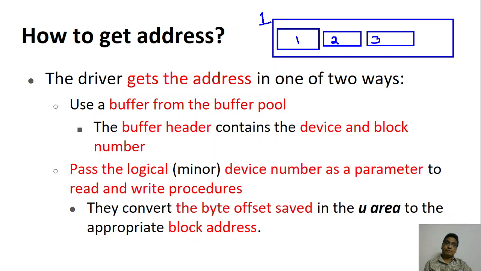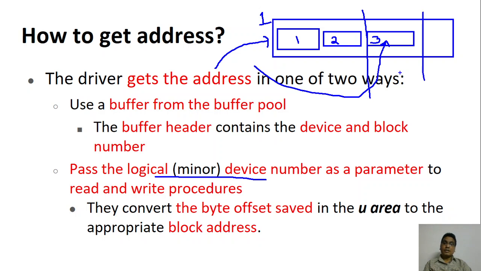If I know the major number, I know the device. If I know the minor number, I know the partition. So if I'm able to supply the minor device number, then I know from where the partition is beginning. For that, I can add the offset and get the appropriate sector number.